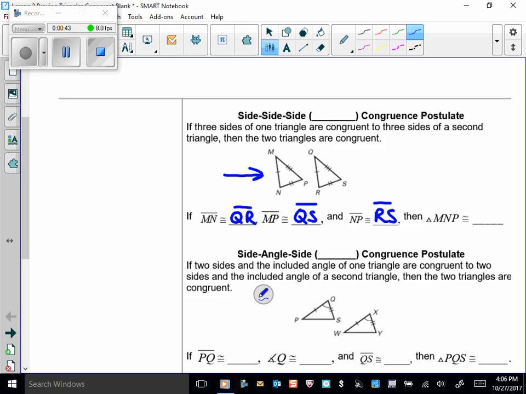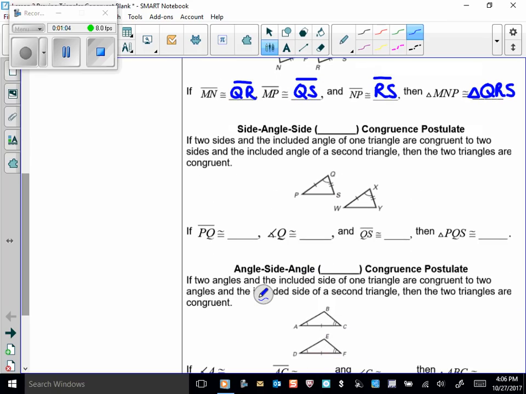If I know all those sets of corresponding sides are congruent, then I can say that triangle MNP is congruent to triangle QRS, and we abbreviate this side postulate with SSS. And when you're using that as a reason in a proof, you can just put SSS, and I'll be perfectly happy. Okay? How about the next case?